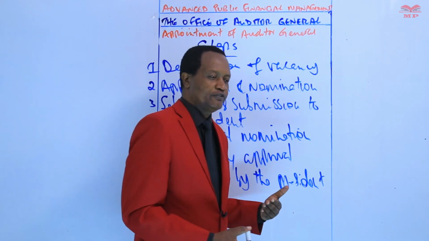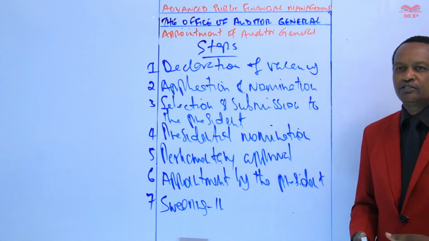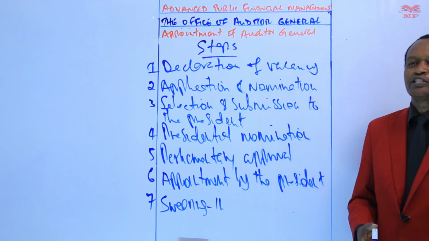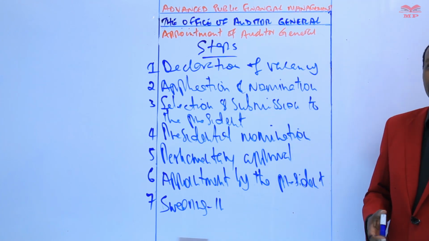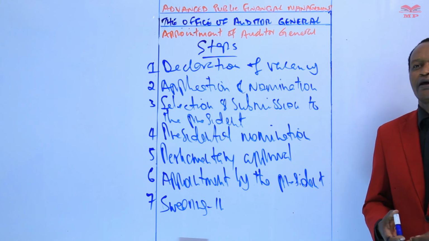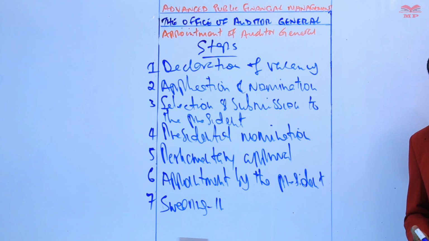Before the Chief Justice. Do you understand? Before assuming office, the appointed Auditor General has to be sworn in by the Chief Justice.